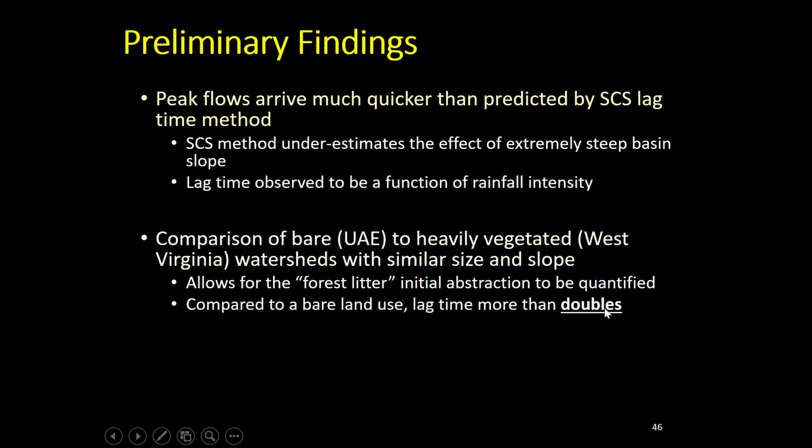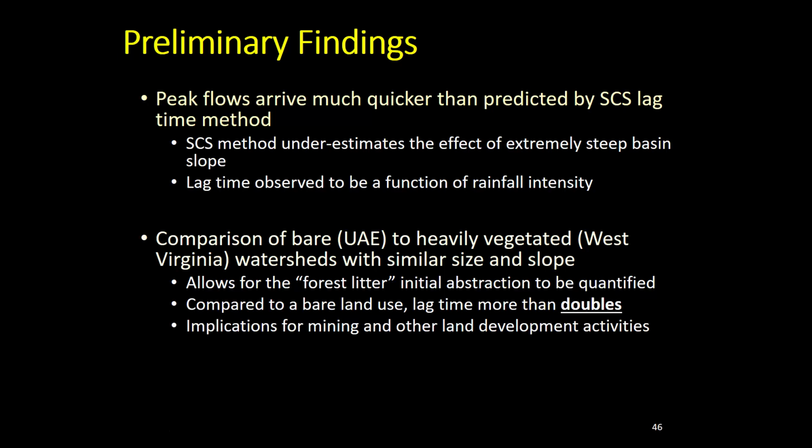So the SES method still overestimates the lag time, but not by as much as it does in the UAE. Remember I said that in the UAE the actual lag time is about 1/3 of that which is estimated. But when you have vegetative cover like we have here in the state, it doubles the lag time compared to just the bare earth that's steep.